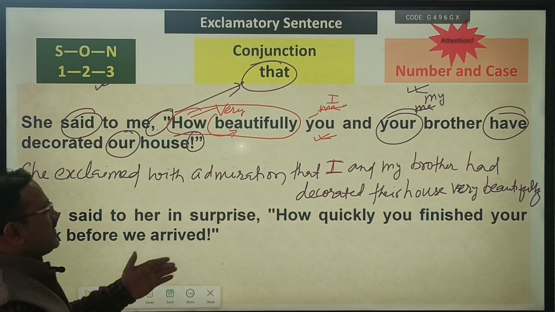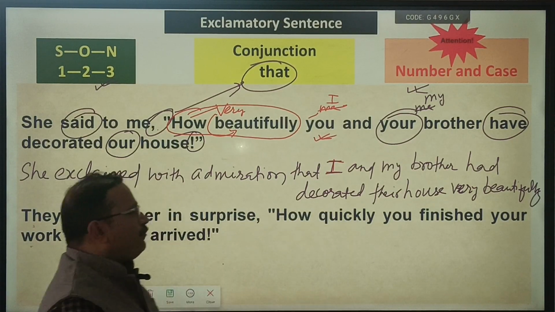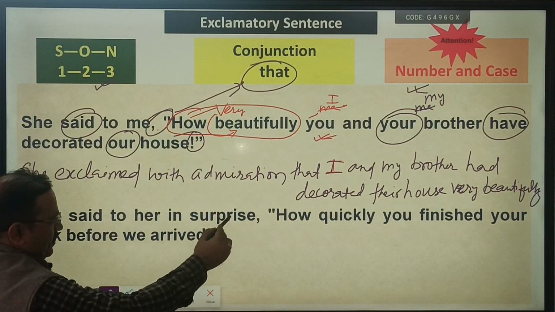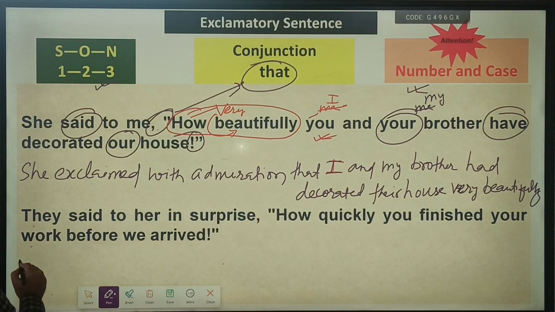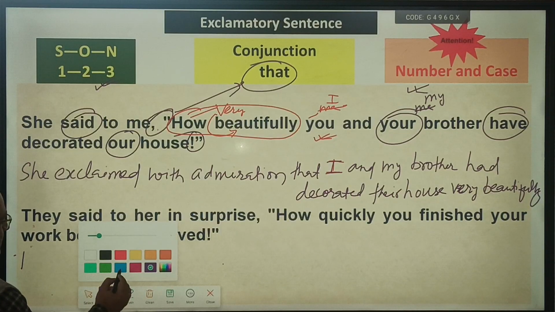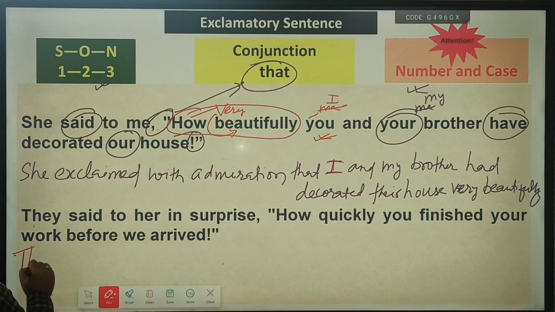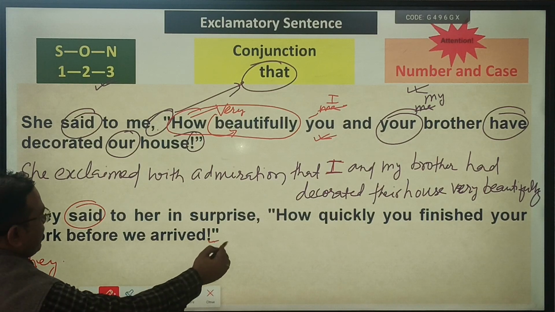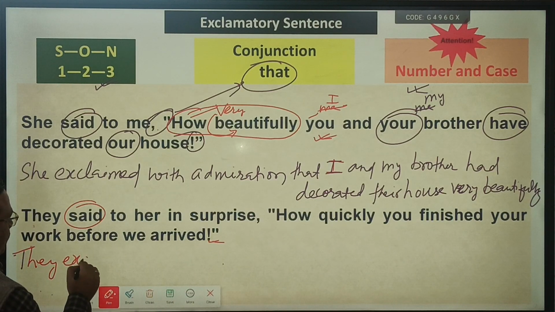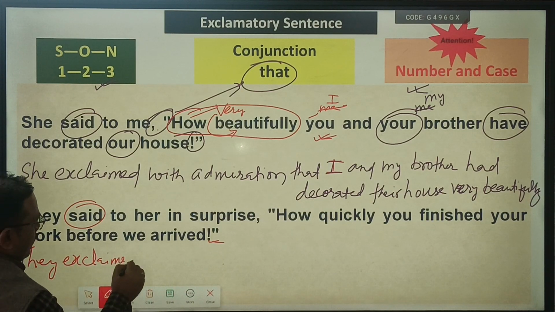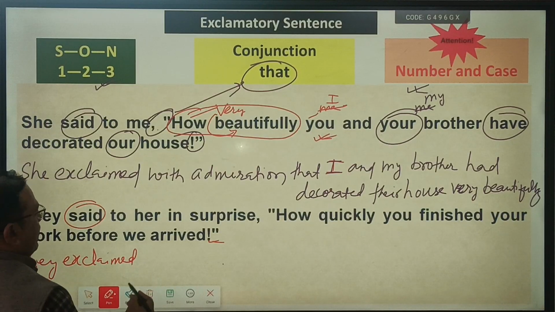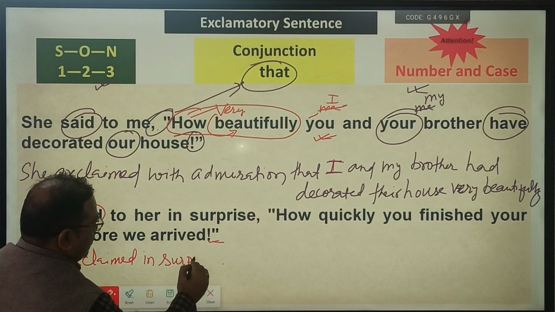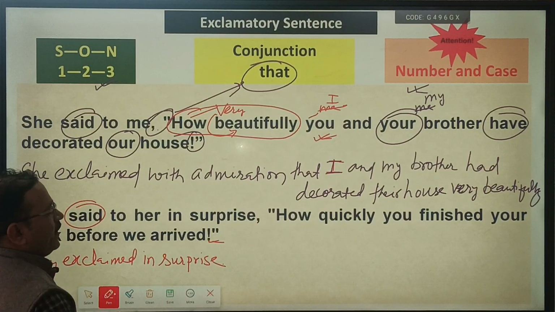Let us do this. They said to her in surprise, how quickly you finished your work before we arrived. It's a kind of surprise. They're surprised. So let us do they what? Exclamatory. So exclaimed what? They exclaimed in surprise. In surprise. Okay.